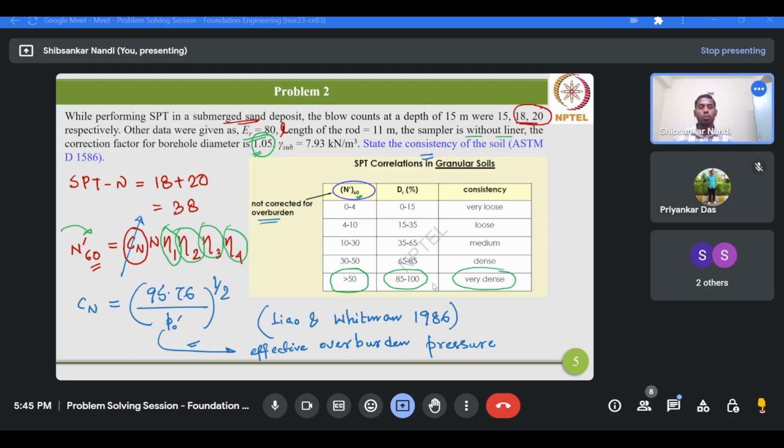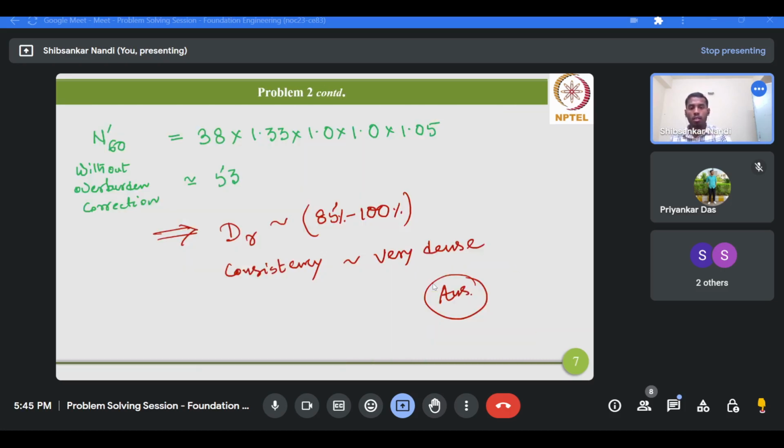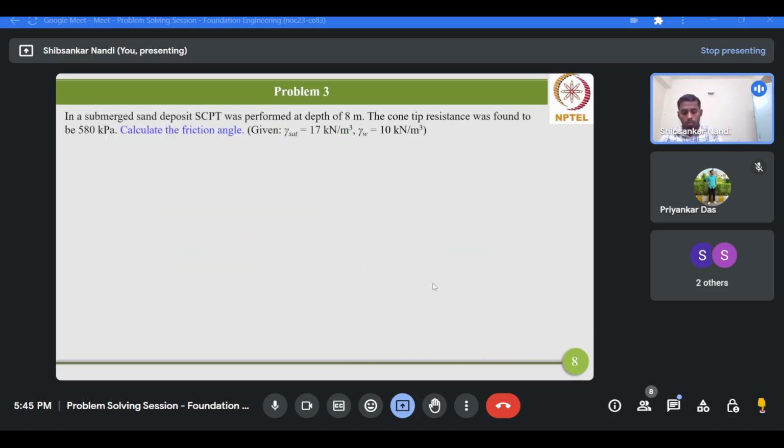Okay, if not, then we'll proceed further, and this is our problem 3. Problem 3 states that in a submerged sand deposit SCPT was performed at a depth of 8 meters. The cone tip resistance was found to be 580 kPa. Calculate the friction angle, where the saturated unit weight is 17 kilonewton per meter cube, and the unit weight of water is 10 kilonewton per meter cube.